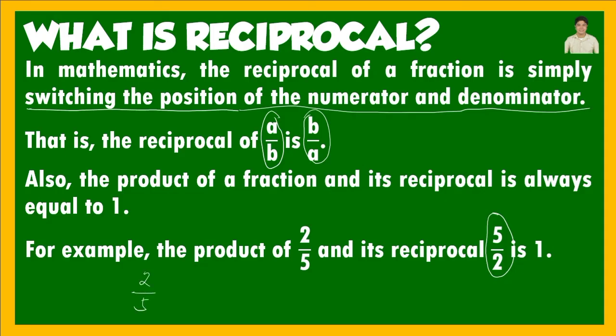So halimbawa, ang given natin na fraction is 2/5. And then, your teacher asks you to identify what is its reciprocal. So, the reciprocal of 2/5 is 5/2. How come? We switch the position of the numerator and the denominator. So, yung 2 po dito, numerator siya.